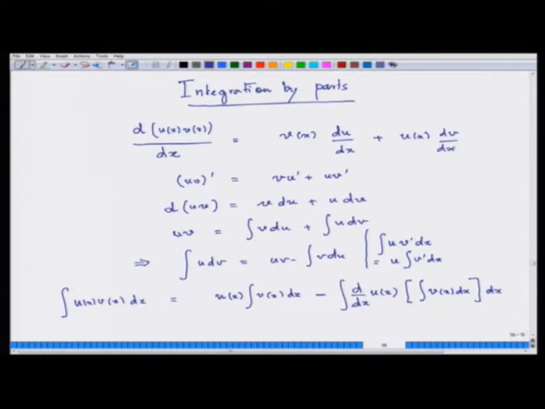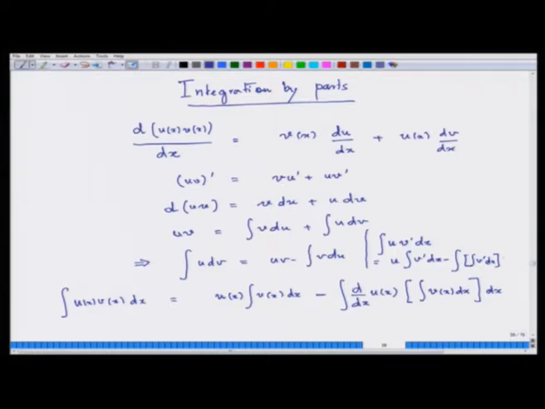Now, what I have is minus, what is my du? Du can be written as the derivative u dash of x, the derivative of u, times the differential of x, and then I have to look at this part. So, what is v? V can be written as the integral of v dash dx, times du.